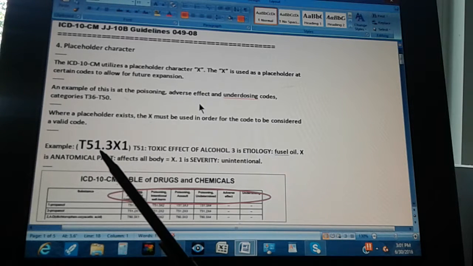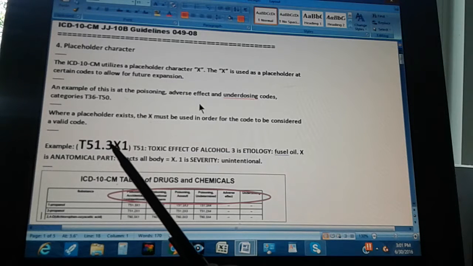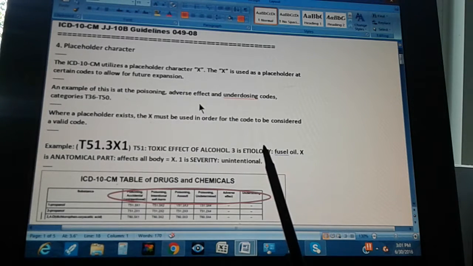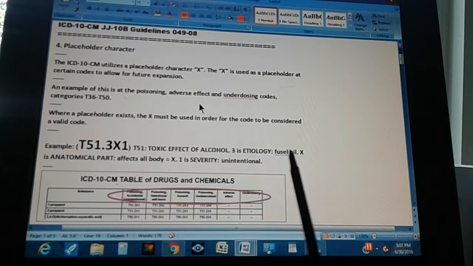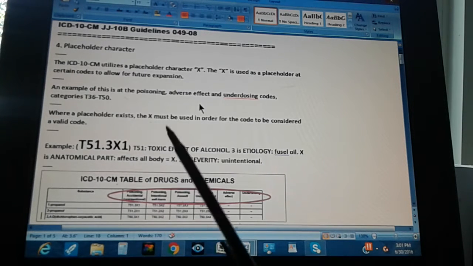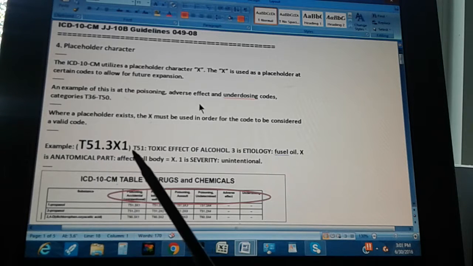The next character represents the etiology, which means how this effect originated. In this case, it's by fusel oil. The fifth character represents the anatomical part. Where does this affect? Since this affects the whole body, there's no anatomical part.